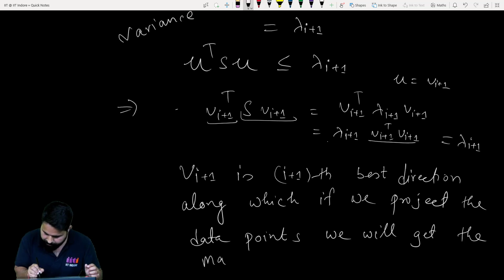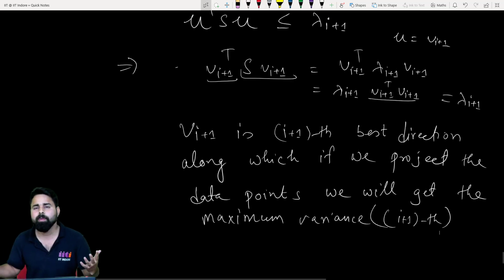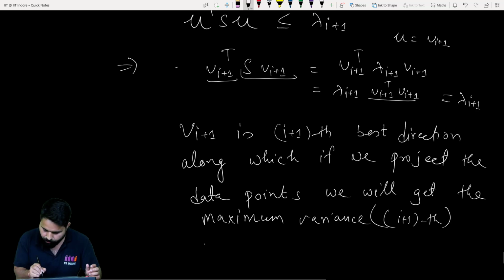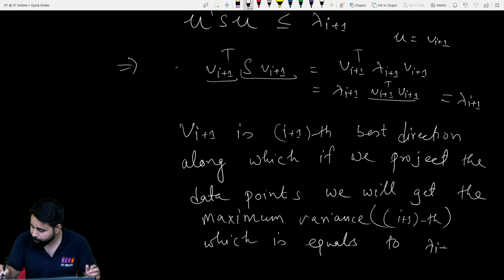In fact, this is the i+1th maximum variance. So this variance is nothing but the i+1th one. Let me write in bracket i+1, and what will be that value? It is nothing but lambda i+1.